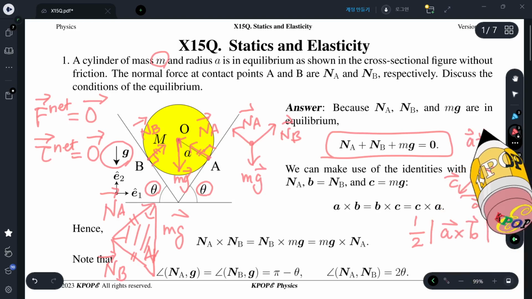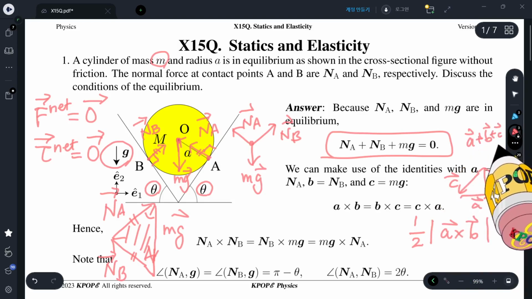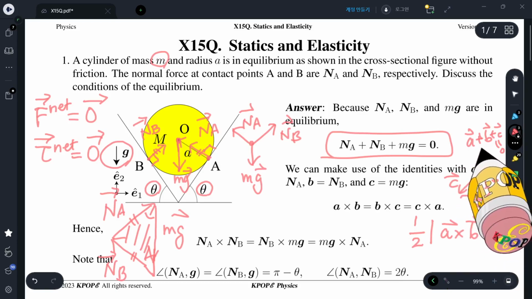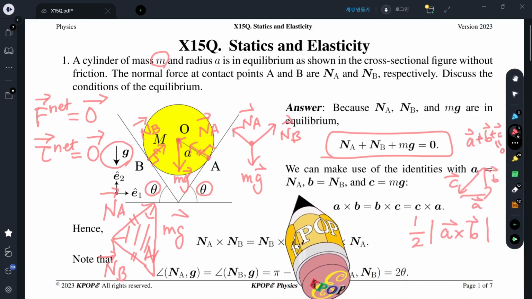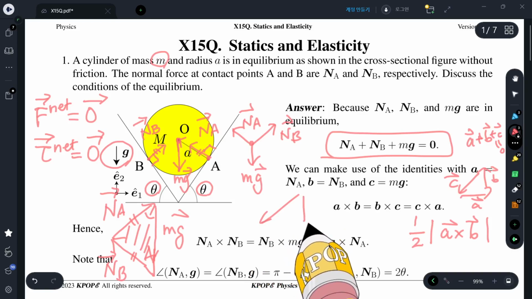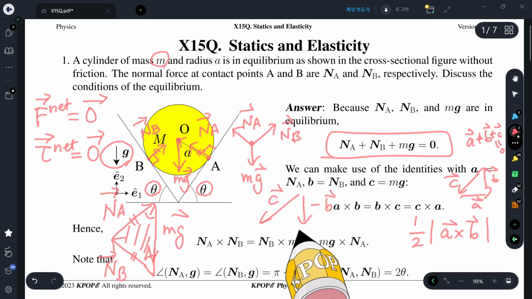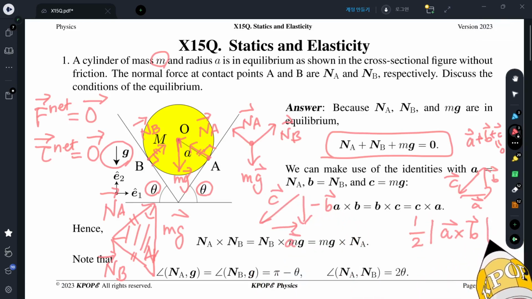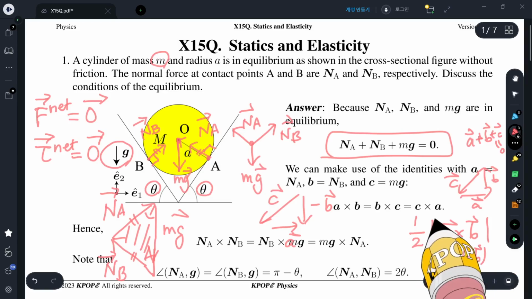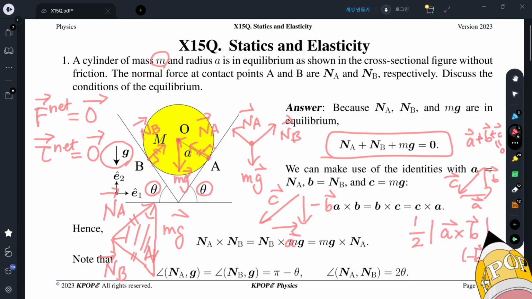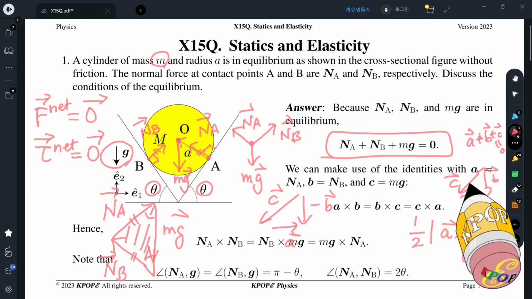When they construct a triangle, then the sum of them should be 0. In this case too, because I take the magnitude, it is the same whether I choose A cross B or A cross minus B, because I take the magnitude of the cross product of two side vectors.